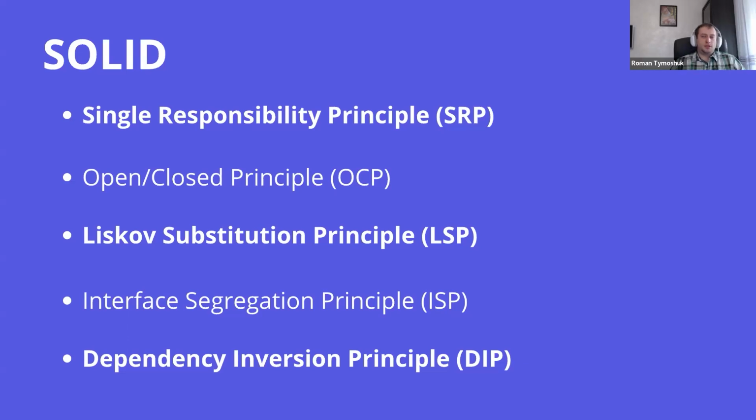But I believe some of you already know these principles. If anyone knows and is ready to explain, please raise your hand. Well, I believe single responsibility should be more or less clear. Any ideas, assumptions?